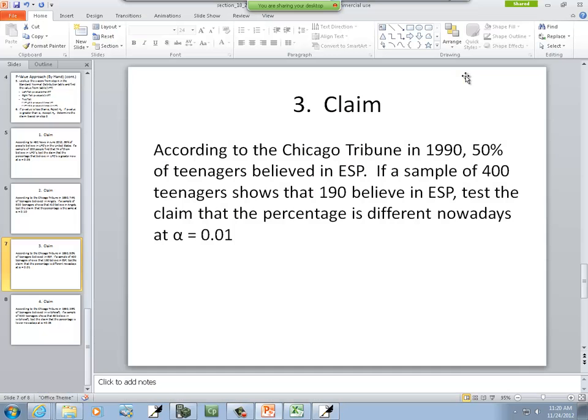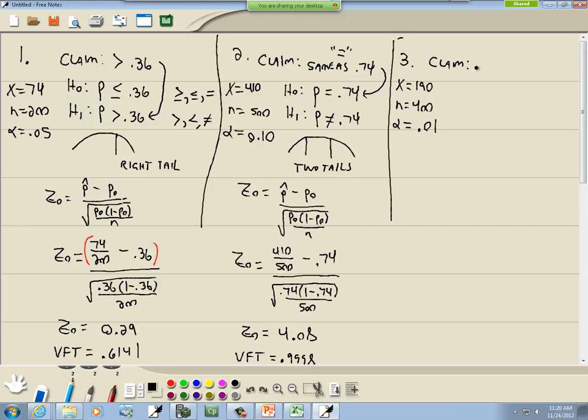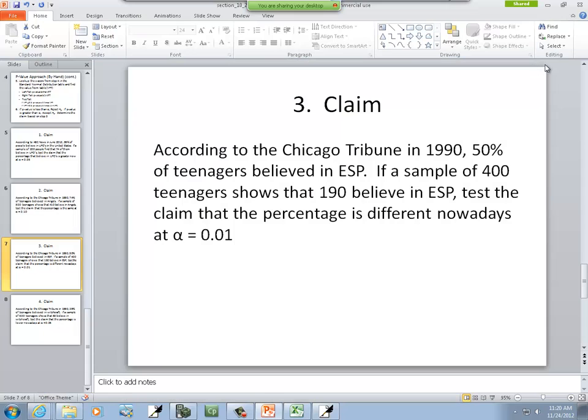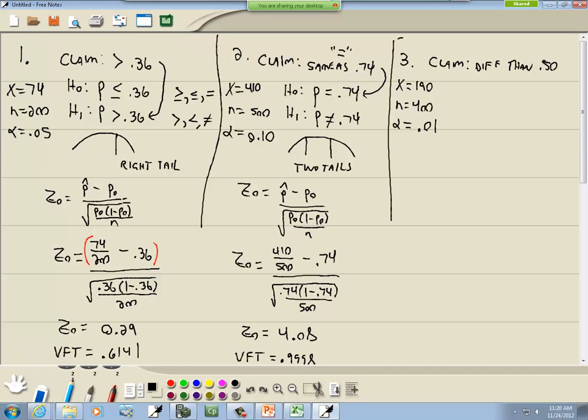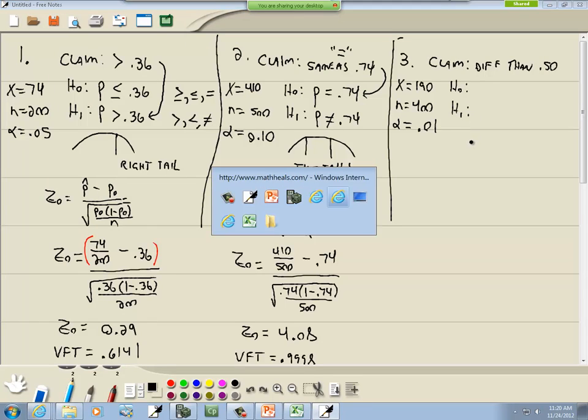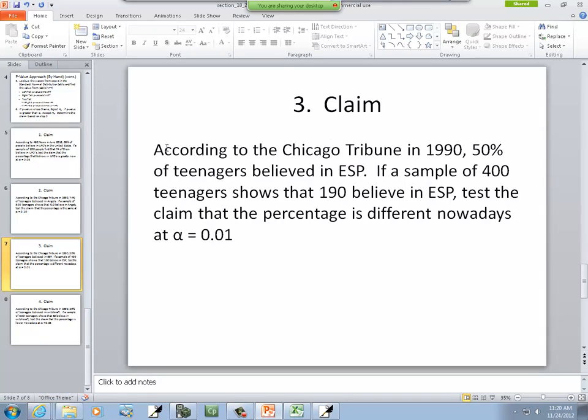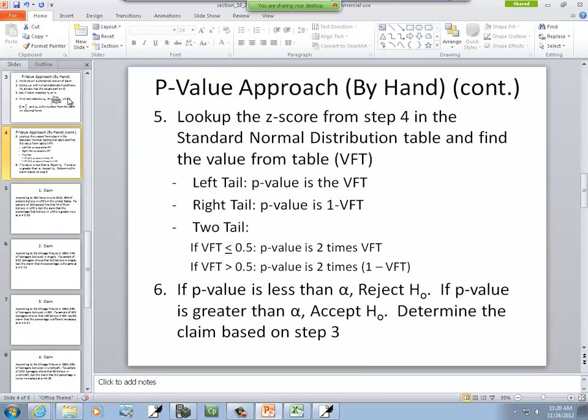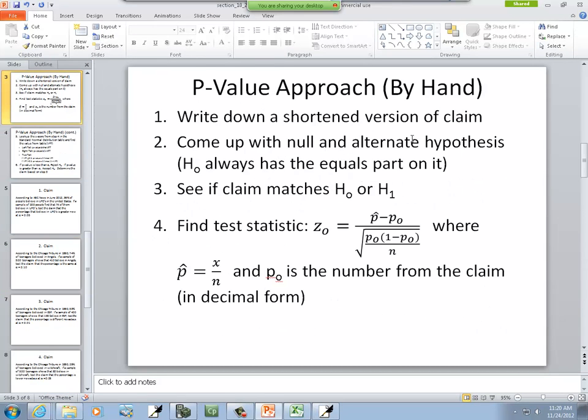So our claim is different than 50%, which is what they believed before. Okay, so go to our steps. Step 1, write down a shortened version of the claim.